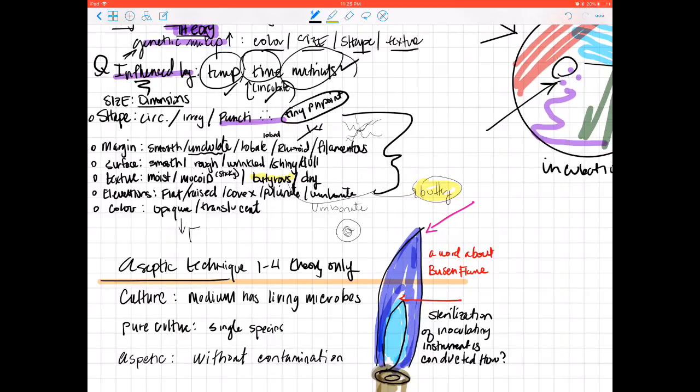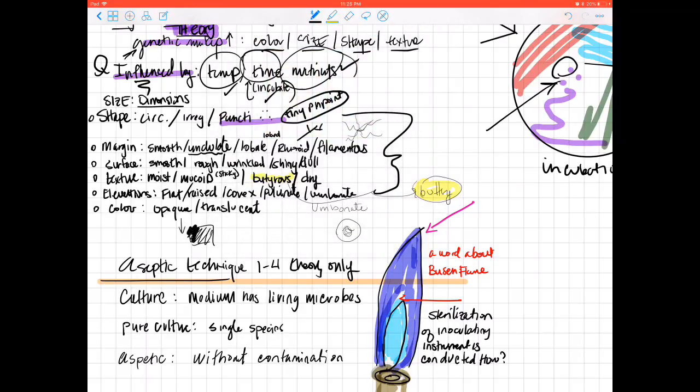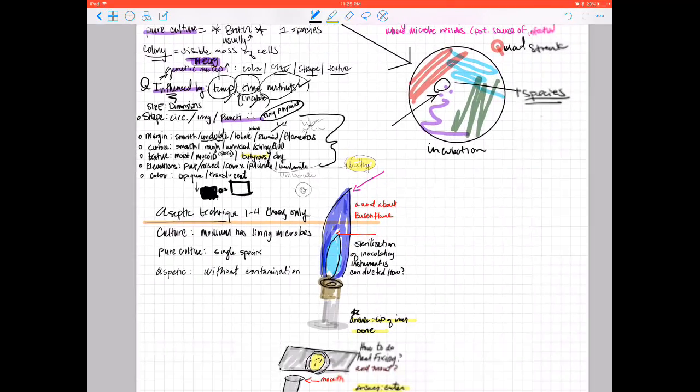Opaque means you can't see through it. That's all it means. So if she asks what does opaque mean, which I think she will, it means you can't see through it. Whereas translucent is the opposite. Cool. Hope that helps.